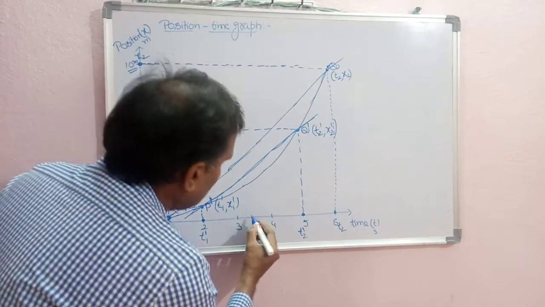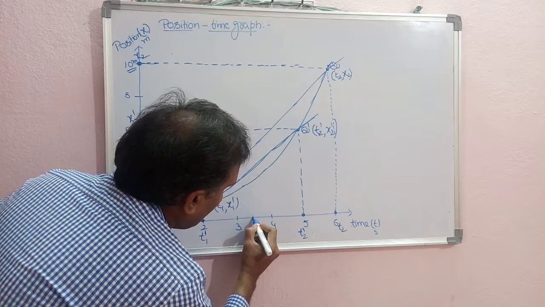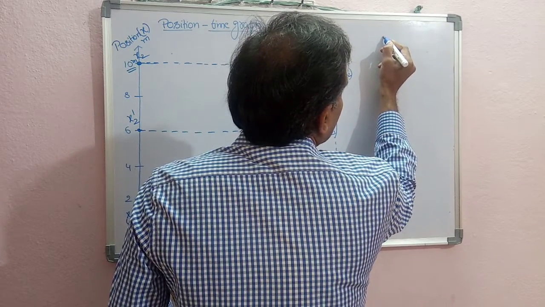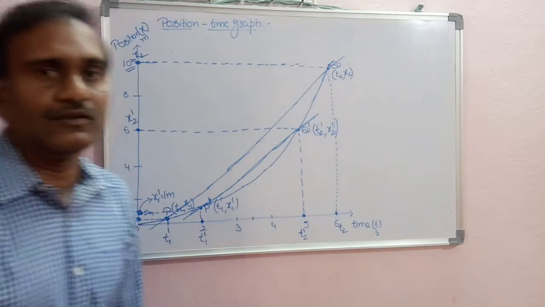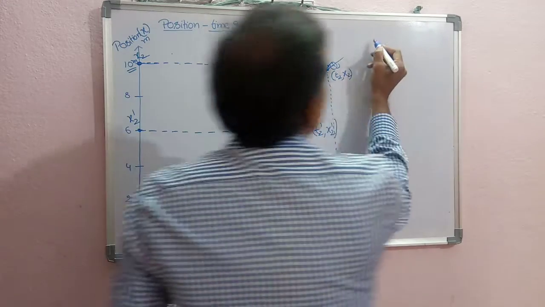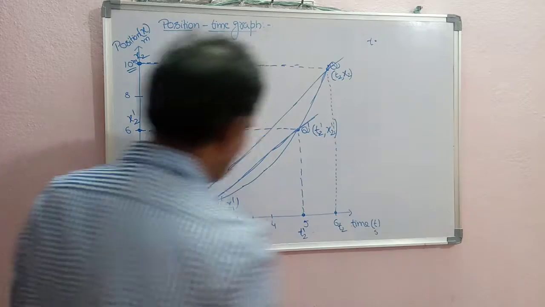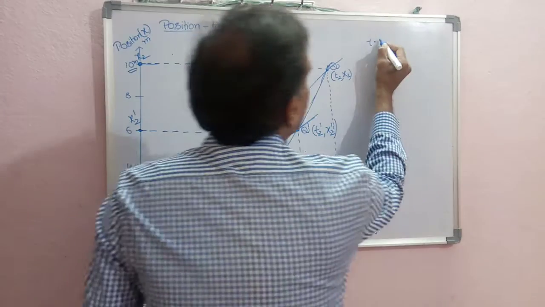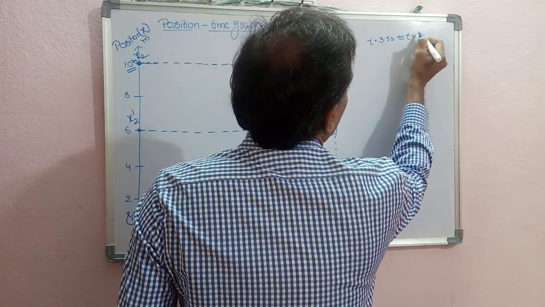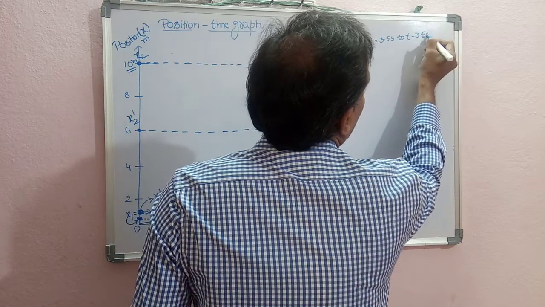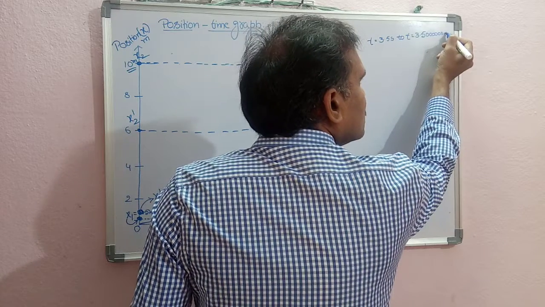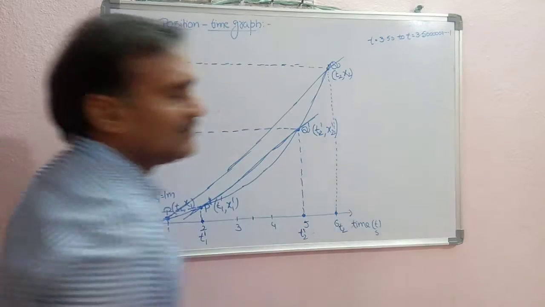If the time interval decreases, the points P and Q approach each other. I want to take the time interval as almost equal to 0. That means t is equal to approximately 3.5 seconds to t is equal to 3.5000000001 seconds.